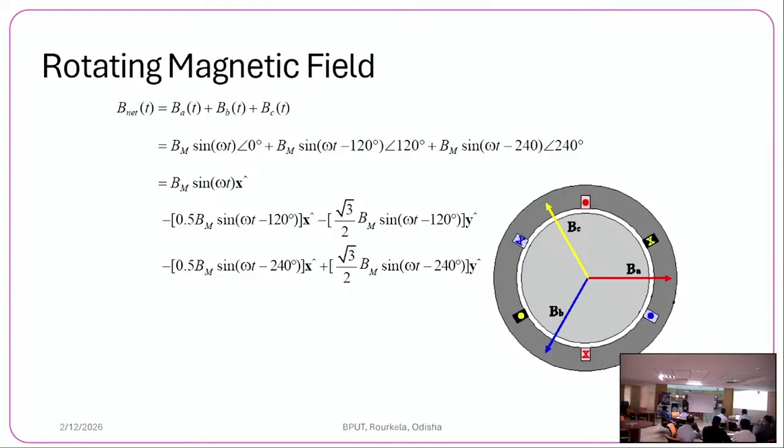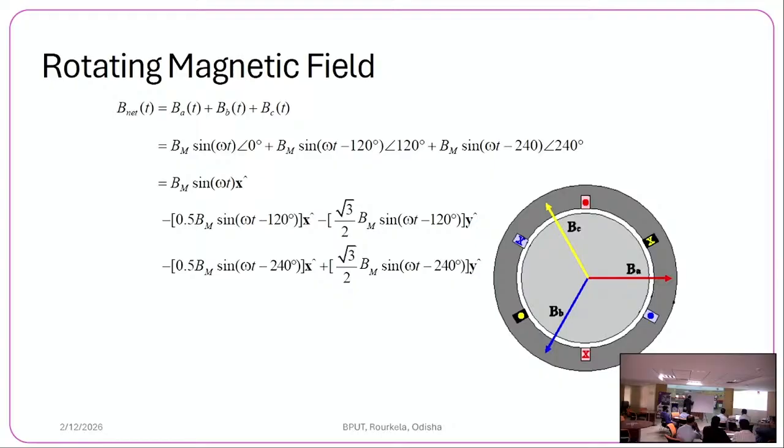Then its current is minus Im by 2, so its direction will be opposite, like this, because the current magnitude is minus Im by 2.